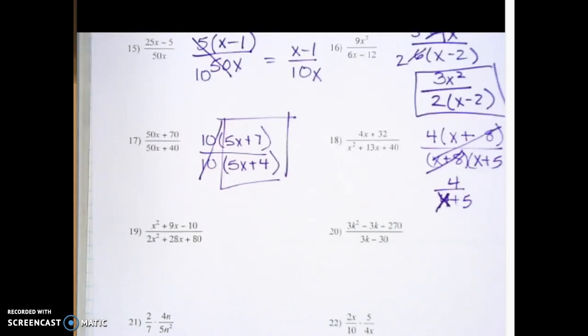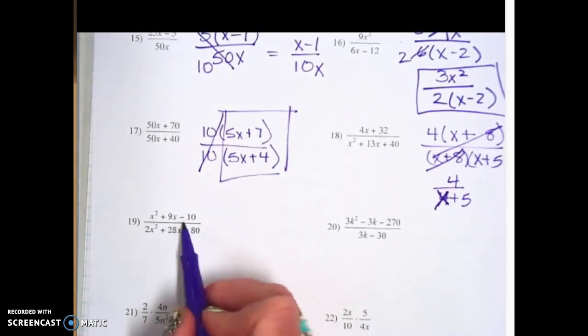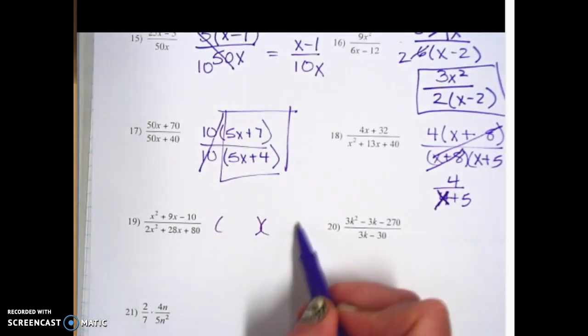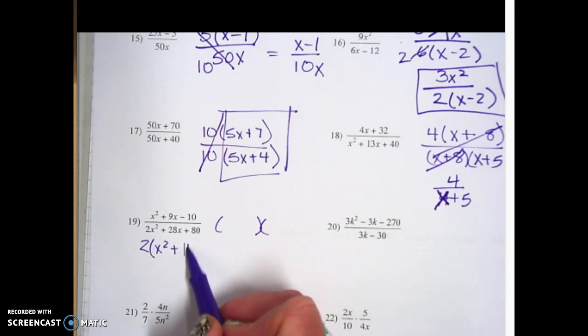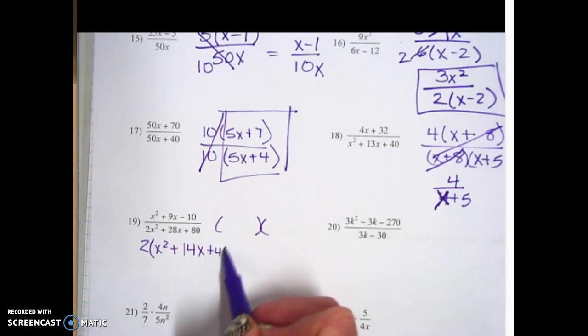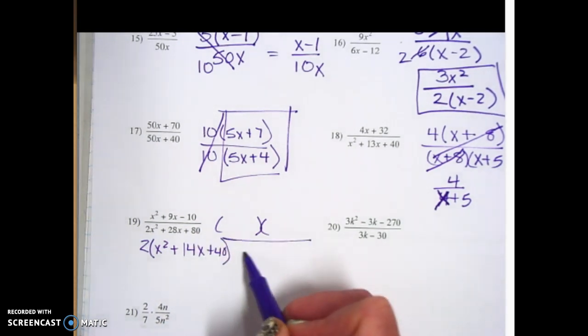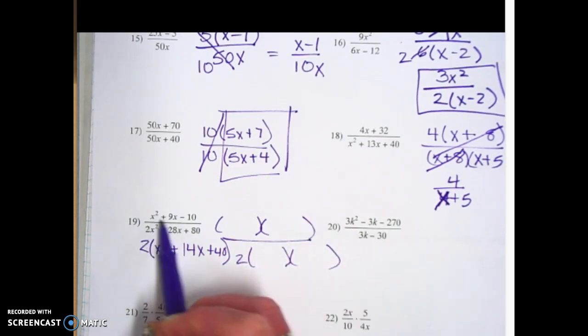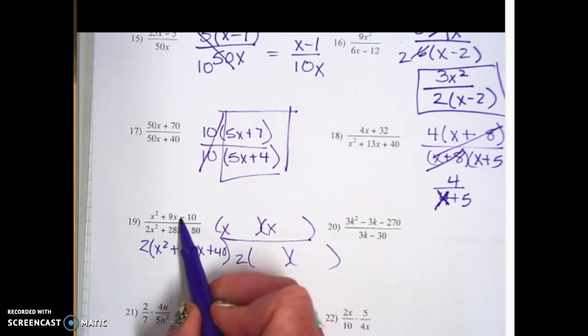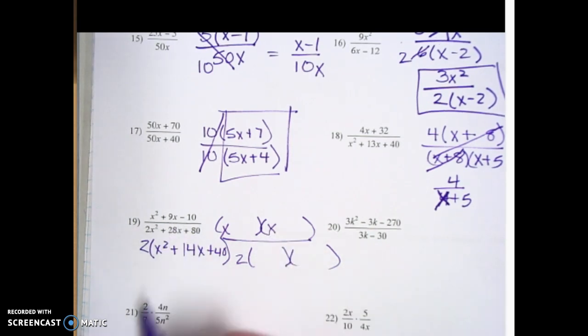All right, number 19, we want to factor this numerator and factor this denominator, although I do see a 2. So we'll factor that in just a second and pull out that 2. Okay, so for the numerator, I've got an x and an x, and to multiply to get negative 10, but add or subtract to get positive 9.